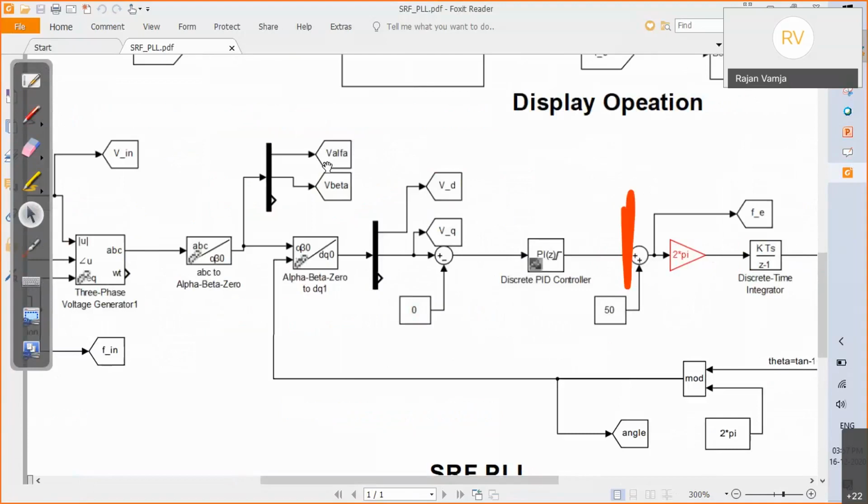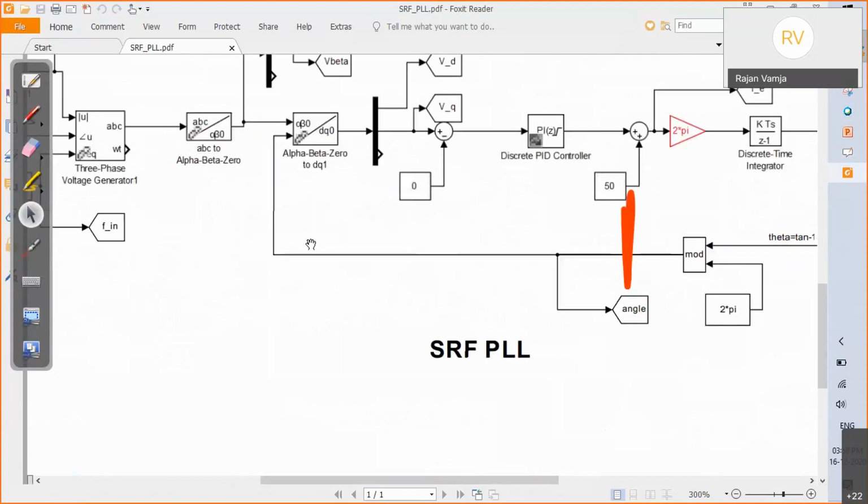In alpha, here we are getting the angle, which is nothing but the angle of voltage A, theta A. That is nothing but theta dq.